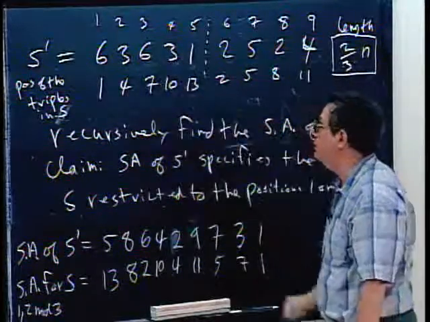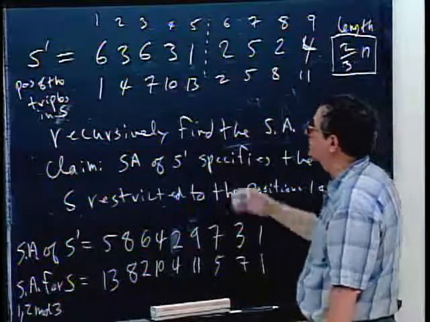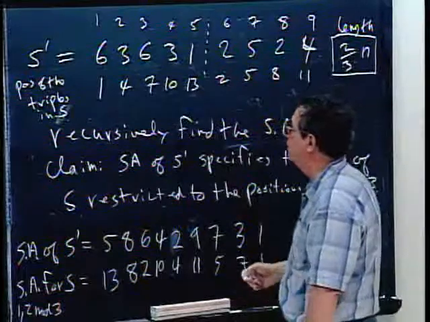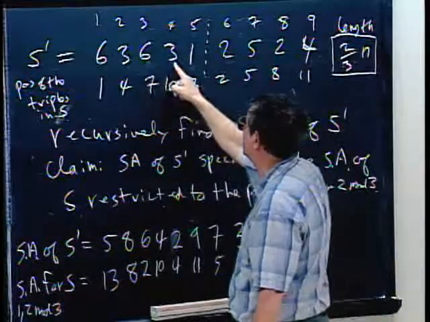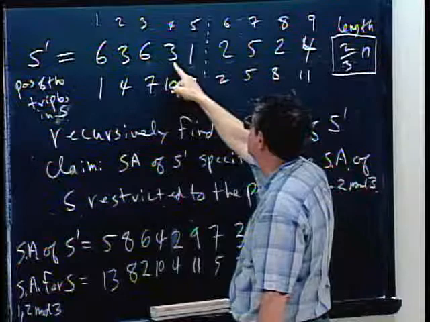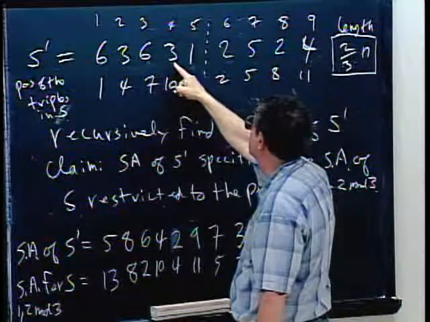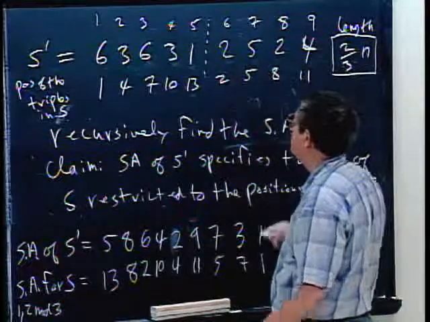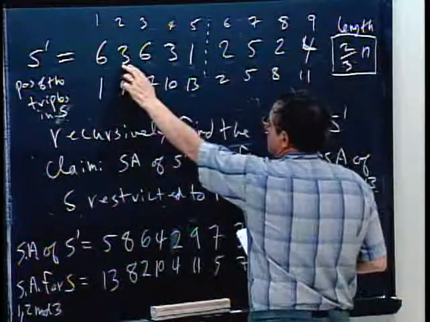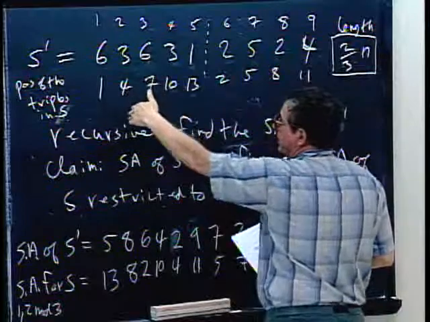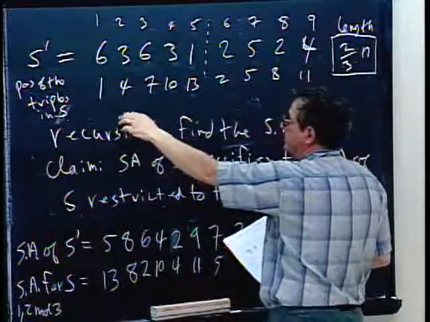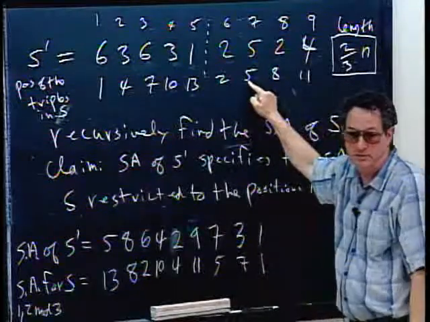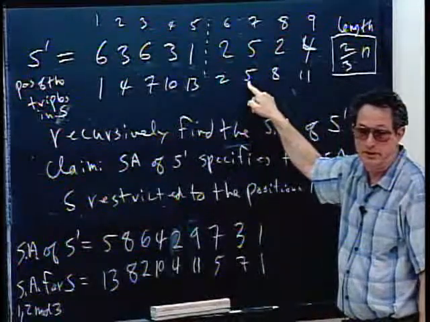And so when you look at substrings in here that are lexicographically smaller, so let's say 363 is lexicographically smaller than 524 or whatever, it means that the corresponding substring in S, in the original string starting at position 4, is going to be lexicographically smaller than the string starting at position 5, and so on.